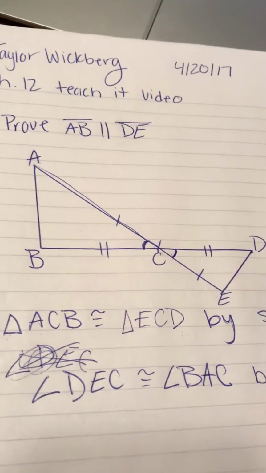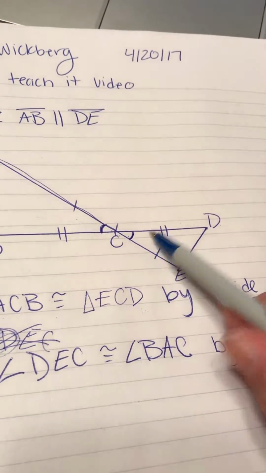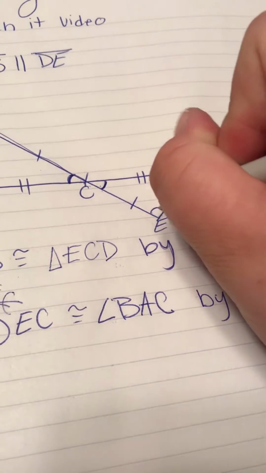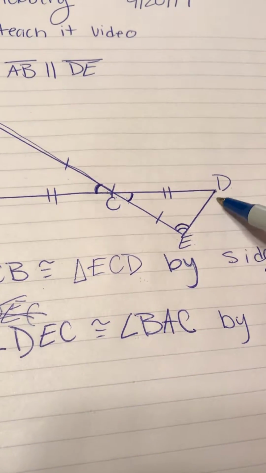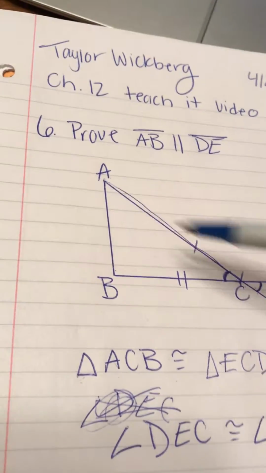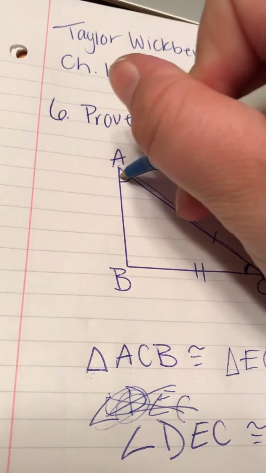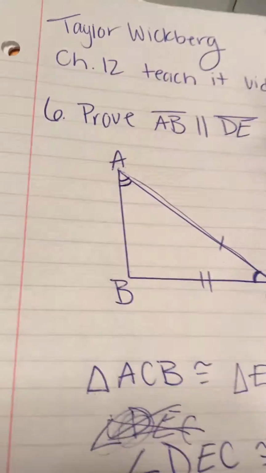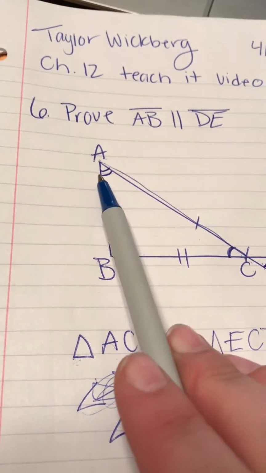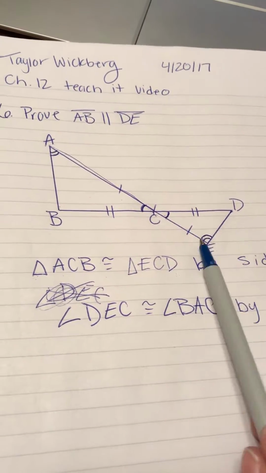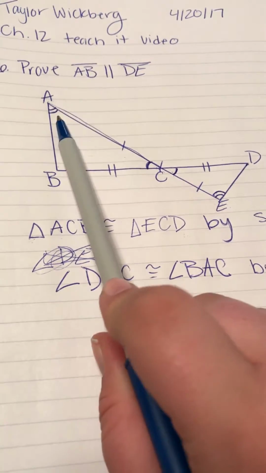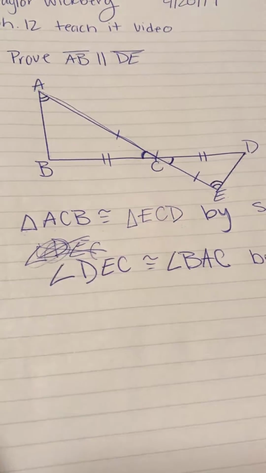So angle DEC, so this one I'm going to do two little dashes. That's my angle DEC to angle BAC, this one, that one right there, is congruent. So we have to make sure that we put our angle dashes the same, just like our line dashes.